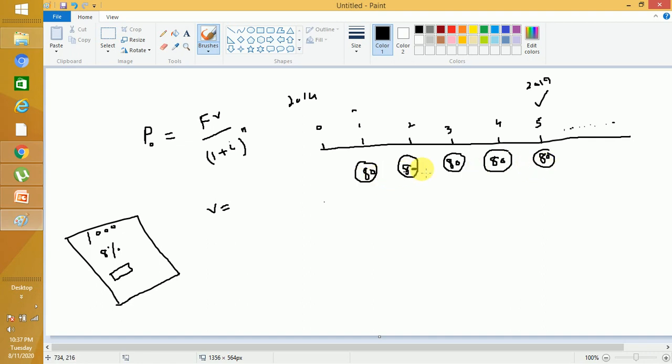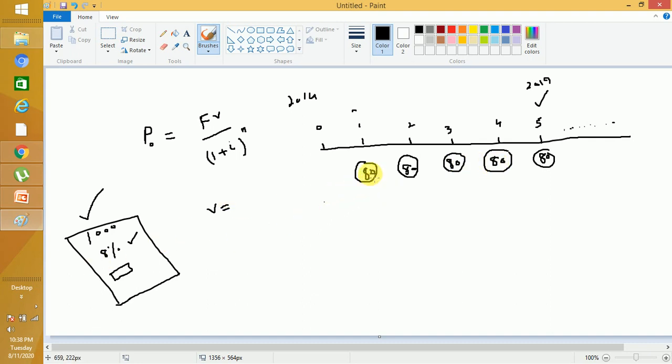This is the cash flow from the bond: 80, 80, 80, 80, 80. This bond will give these cash flows. Means the person who is holding this bond will receive this, you can say profit, or you can say return on this bond.